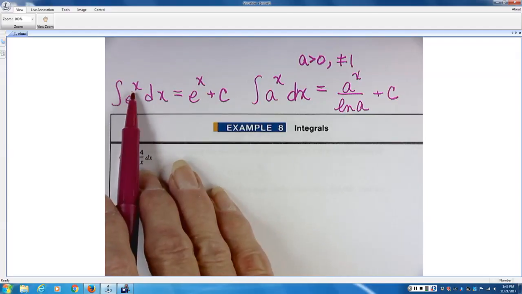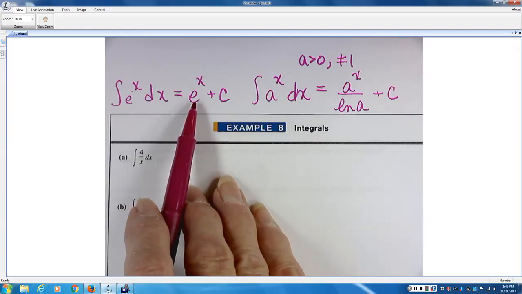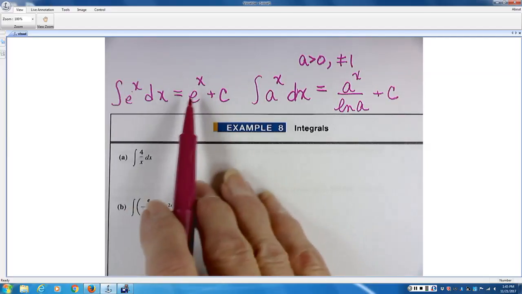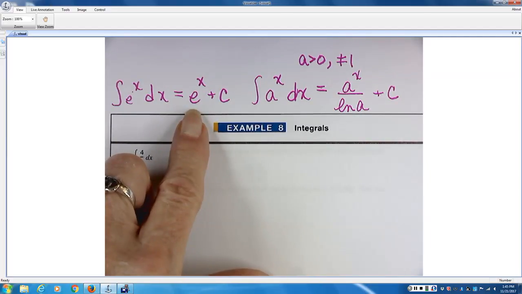So if this, for example, had been e to the 2x dx, then this would have been 2 e to the x dx. I'm sorry, it would have been divided by 2, not multiplied by 2, because it's the derivative of the power.